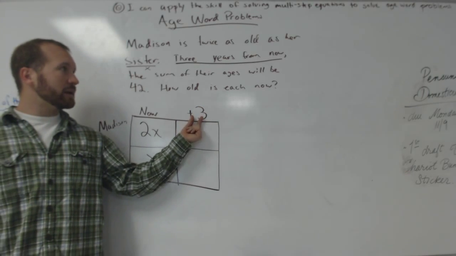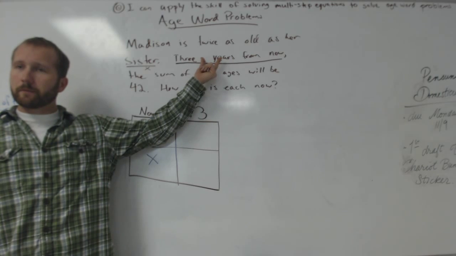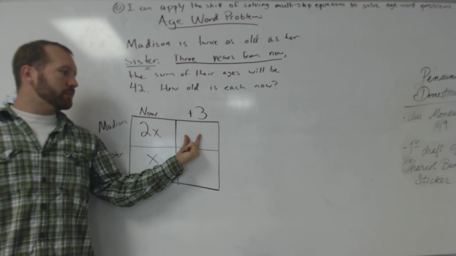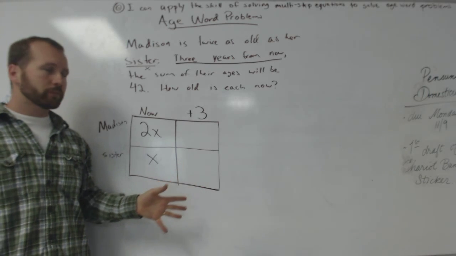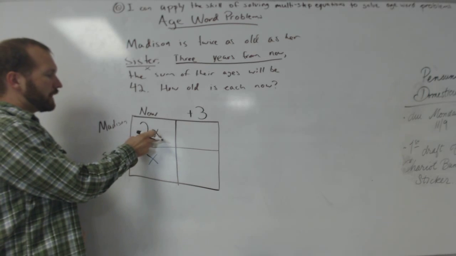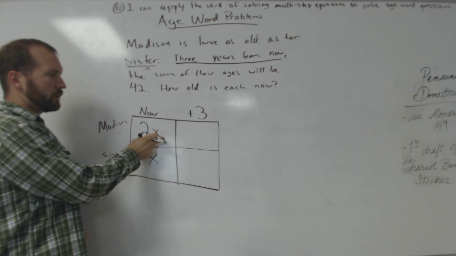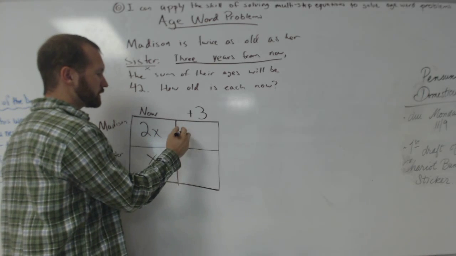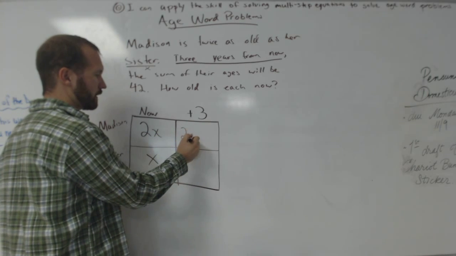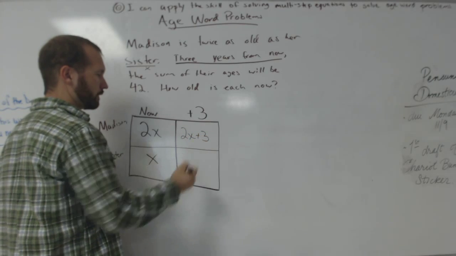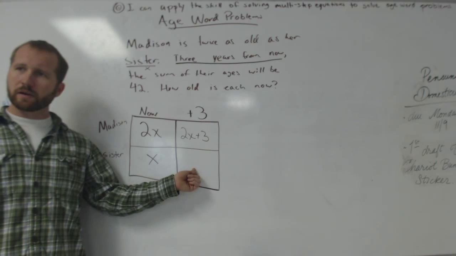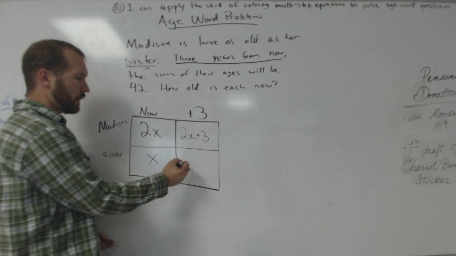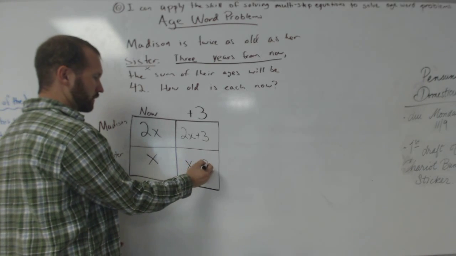So I'm basing this plus 3 on the 3 years from now. And then in these boxes, if Madison is 2x now, in 3 years she'll be 2x plus 3. If her sister is x now, how old will she be in 3 years? X plus 3.